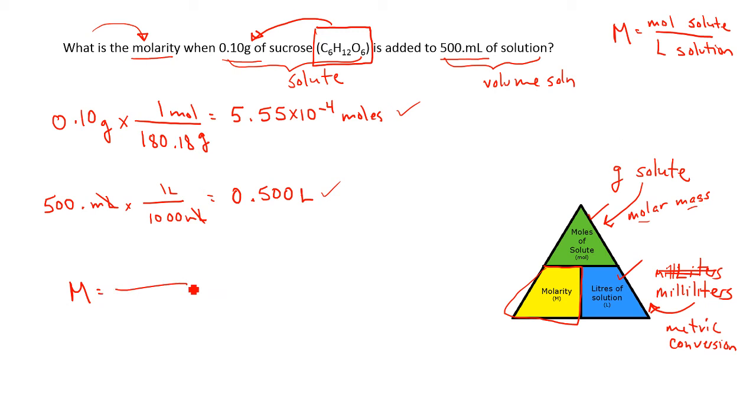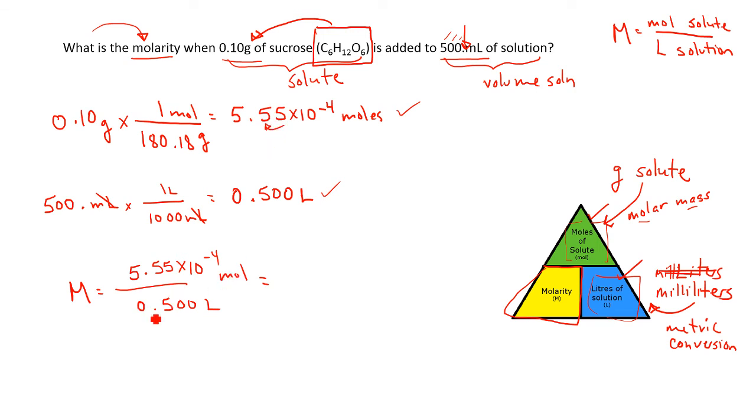I'm just going to plug in. I put moles on top, I put liters of solution on the bottom, I divide and I'll have my molarity. So 5.55 times 10 to the negative 4th divided by 0.500 liters. I kept 3 sig figs. If you look at that tiny little dot, that means I've got 3 sig figs. Up here, I actually only have 2, so technically I should call this 5.6.